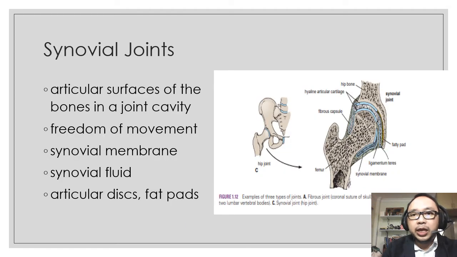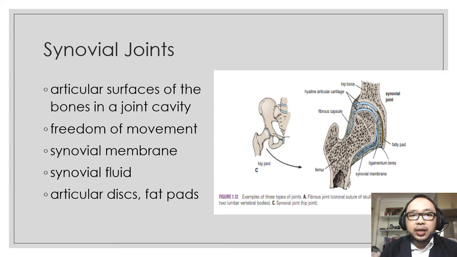Our main concern here in the musculoskeletal system, particularly in orthopedics, is the synovial joints. Basically, the articular surfaces of the joints are covered by hyaline cartilage, separated by a joint cavity. It's called synovial because there's synovial fluid.